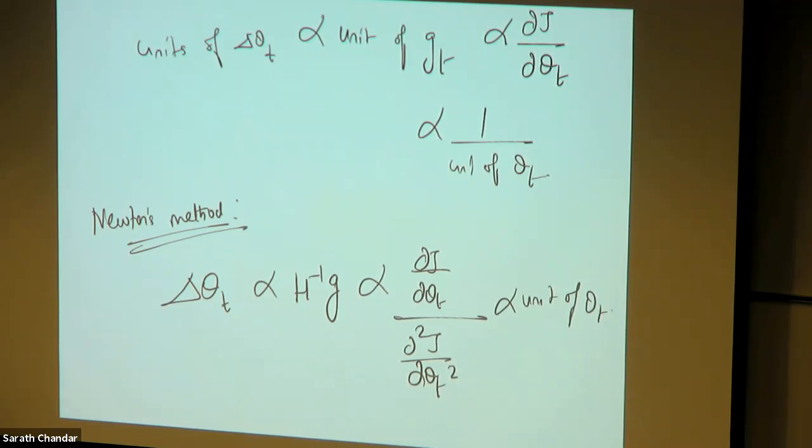Okay. So in some sense, Newton-Raphson is doing the right update for my parameter, because the thing that I'm adding to the parameter is in the same unit as my parameter, while all the other algorithms like SGD, SGDM, RMSprop, and so on are not doing the right update, going by this intuition, right?